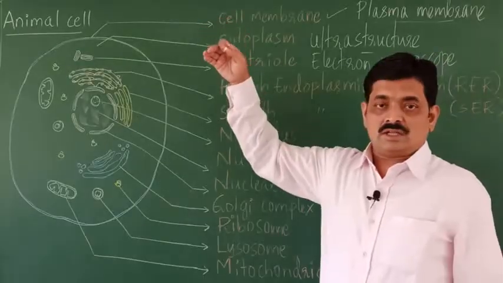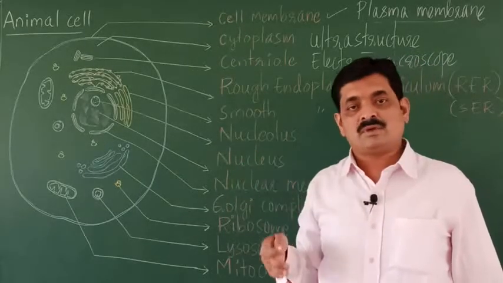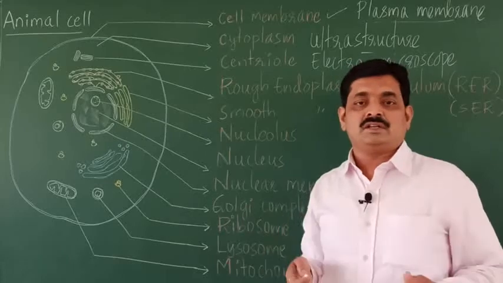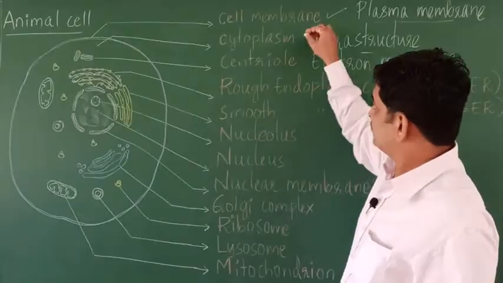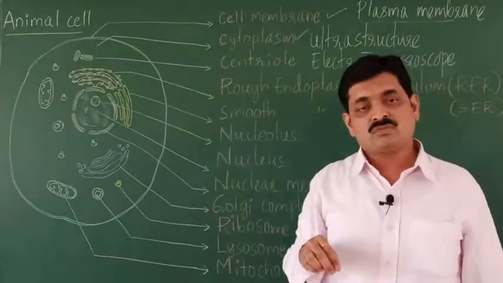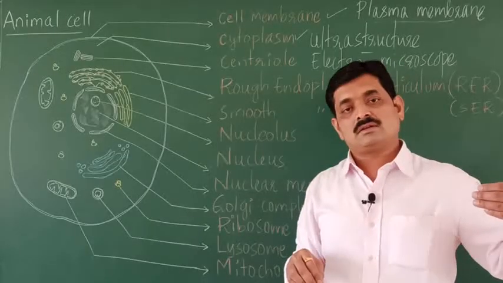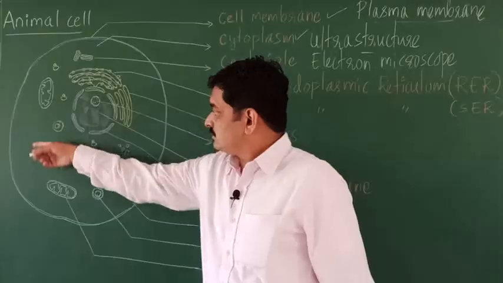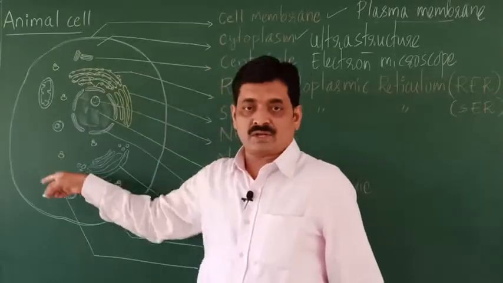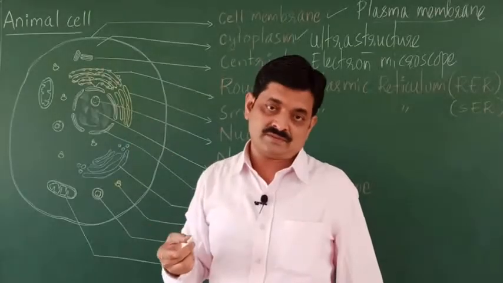Now on the inner side of the cell membrane, on the interior of the cell membrane, there is a part called cytoplasm. So this space that you can find here is the cytoplasm.